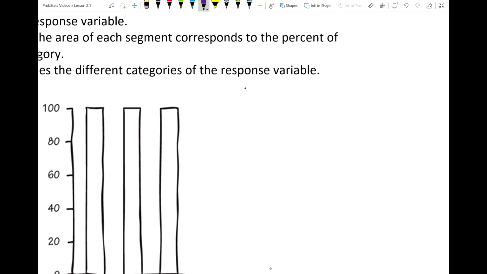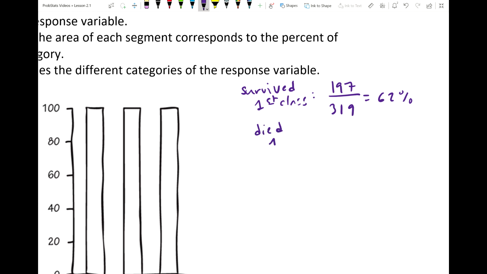So survived for first class is going to be 197 out of 319 first class people, which is 62%. And this means that 38% did not survive. So died in first class, that means 38% did not survive.